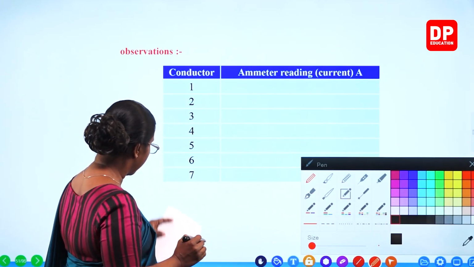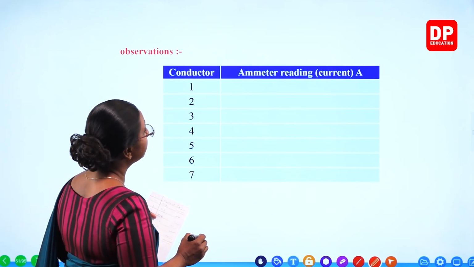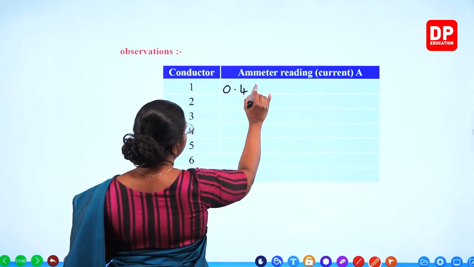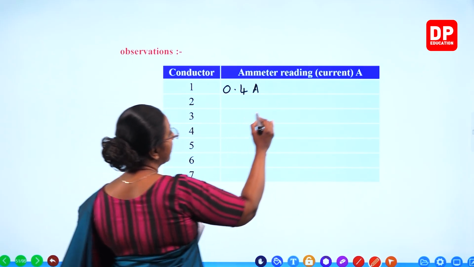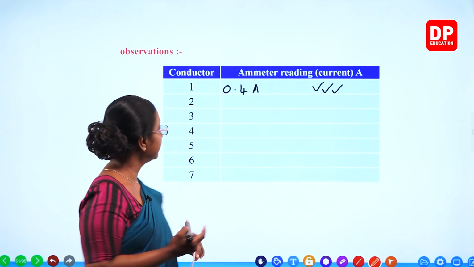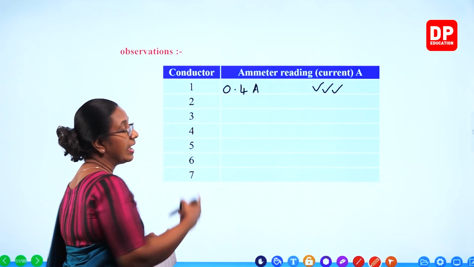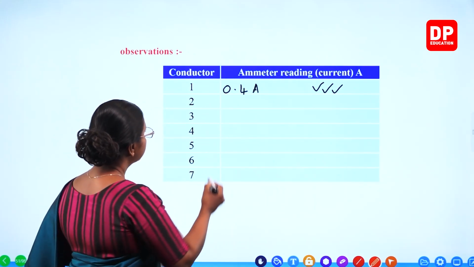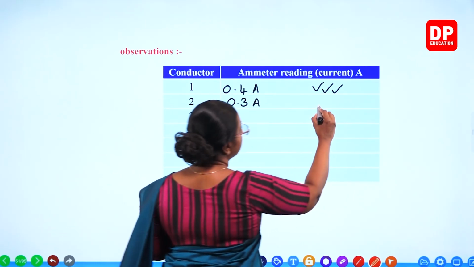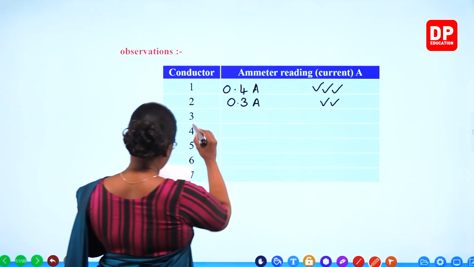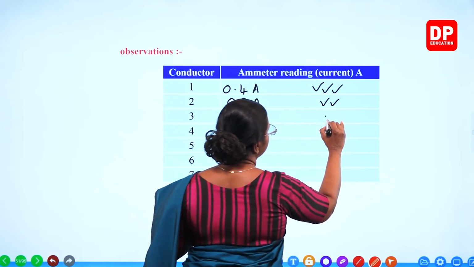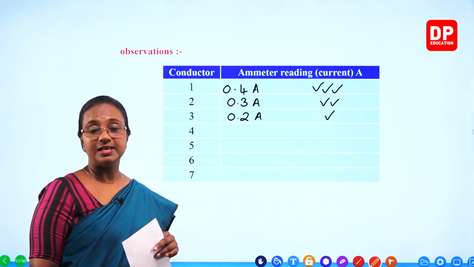Now conductor 1, we got the current ammeter reading 0.4 amperes and the brightness, I said ticks, it was the brightest between 1, 2 and 3. Then for the second one, current was 0.3 amperes, the brightness was less, and the third one 0.2 amperes, the brightness was even less.